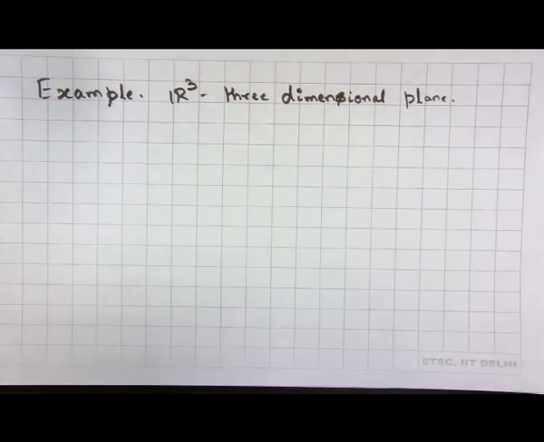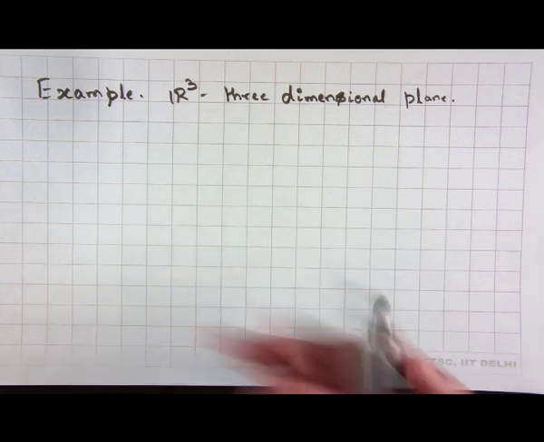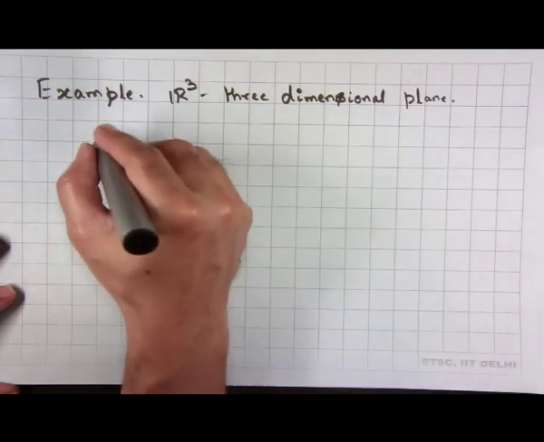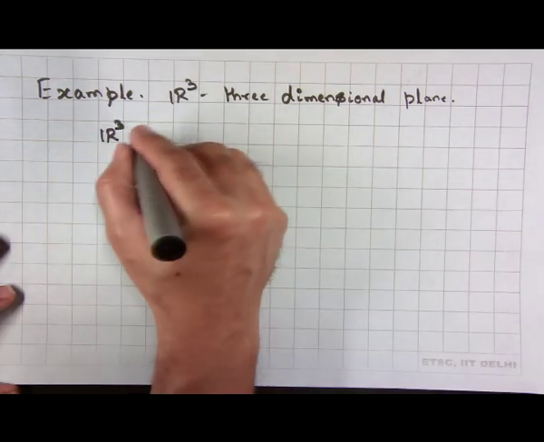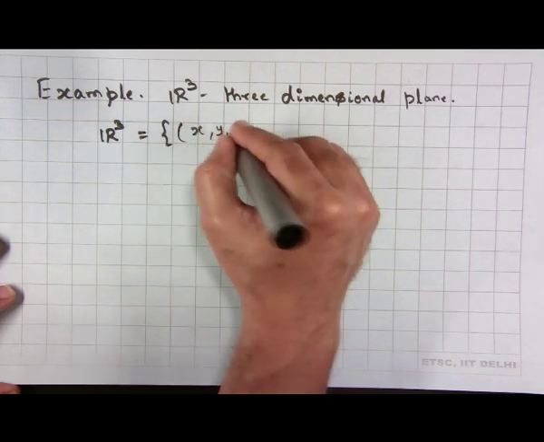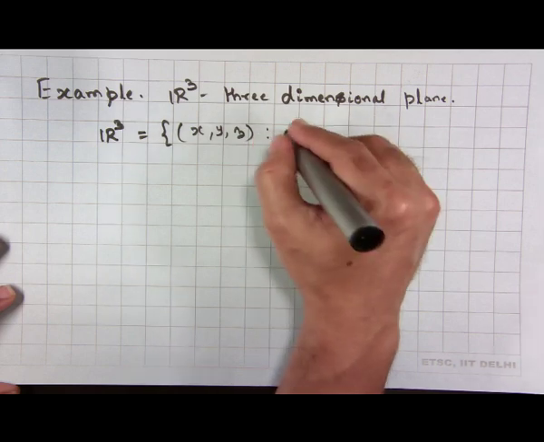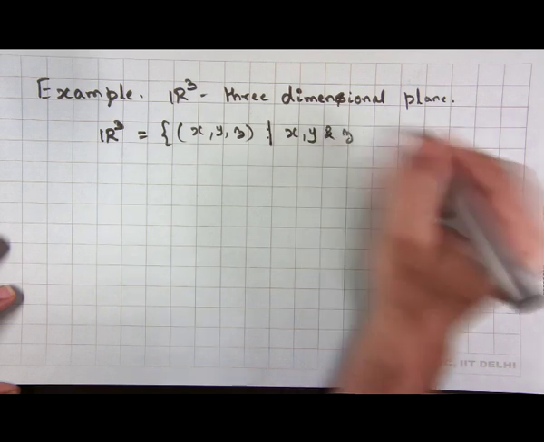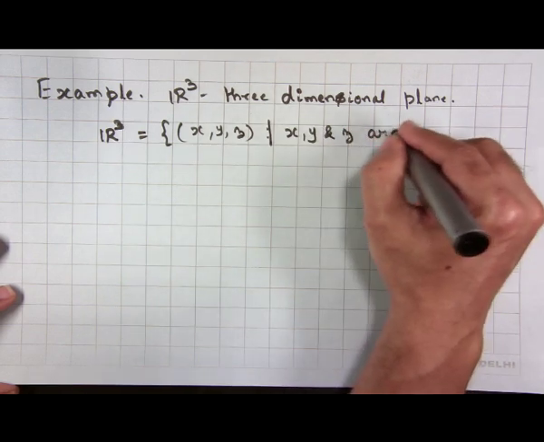This is the usual one that we look at. What is this 3 dimensional one? R 3, as we all know, consists of all x, y, z triples such that x, y and z all 3 are real numbers.